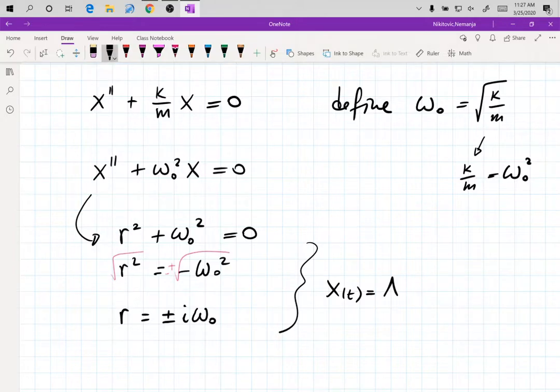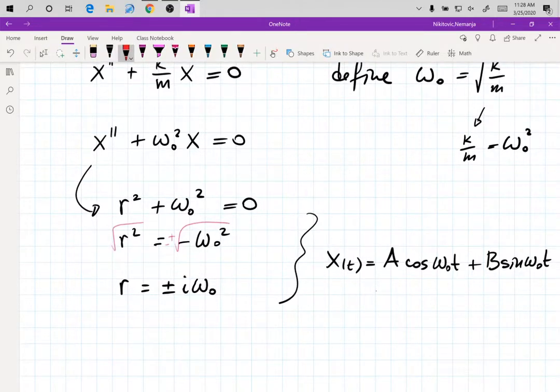So it becomes a cosine omega 0 t plus b sine omega 0 t. Now, some of you that are a little bit better in physics are already recognizing the solution, and you're probably going, oh, that's why the formula for so-and-so is so-and-so, right? Anyway, so we have this, and now we have our solution for this equation.